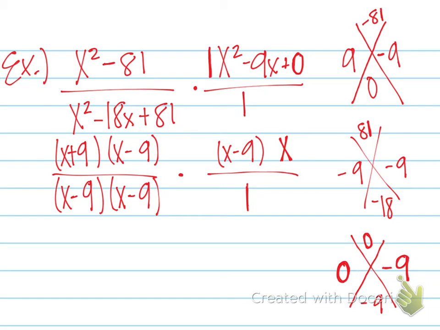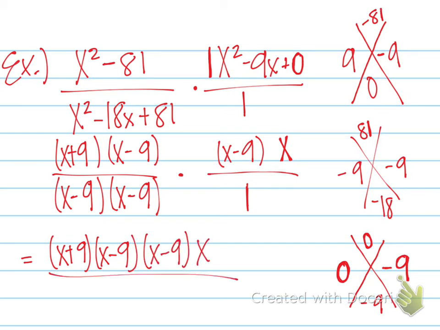So now we've factored. The next thing we want to do is squish them. We want to multiply them. Now, what do you see in common? x minus 9, x minus 9, x minus 9, x minus 9.